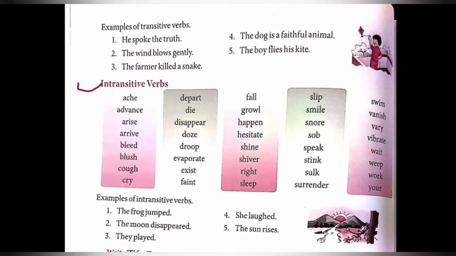So you have to memorize this list. You have to read this list. The first word is ache. Ache means pain. So it aches. Here it does not require any object.